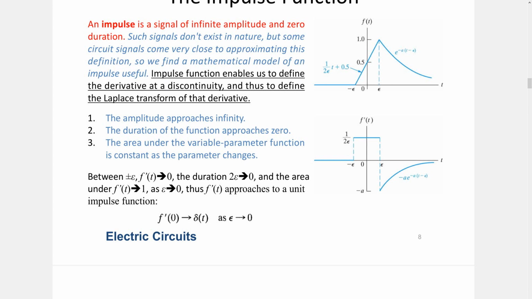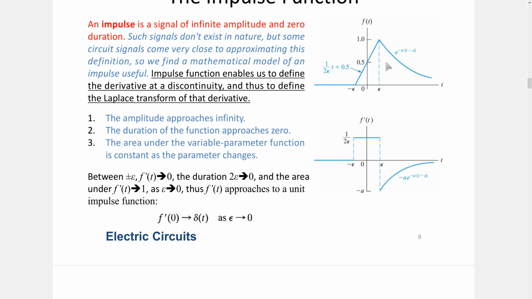To define the derivative of a function at a discontinuity, we need to think that the function varies linearly across the discontinuity. As you can see in this example, the function will have some monotonic change, and then this sudden switching or undefined discontinuity point occurs.